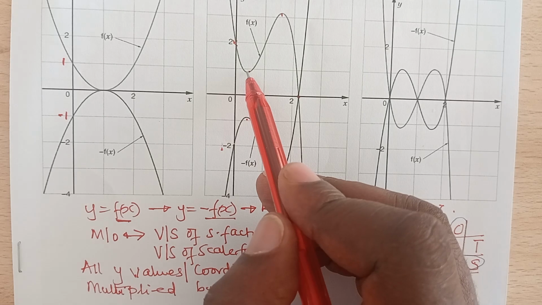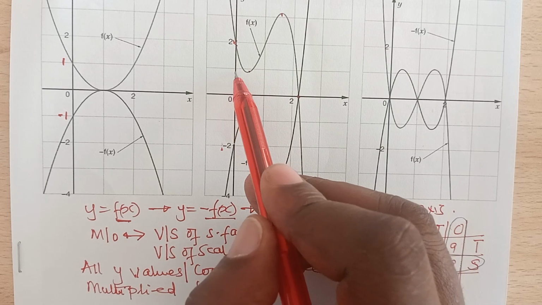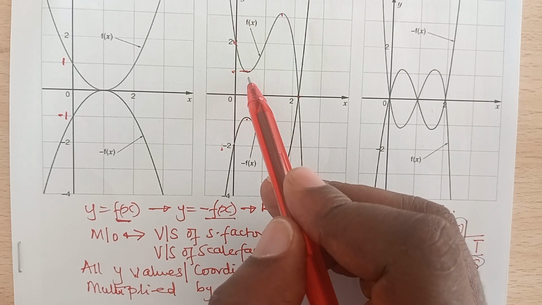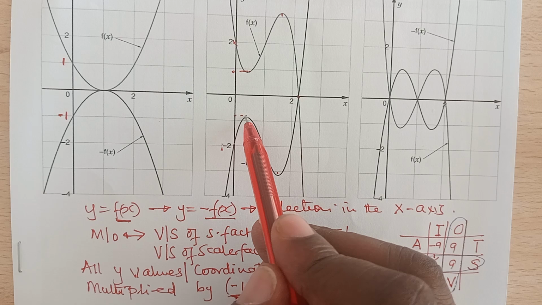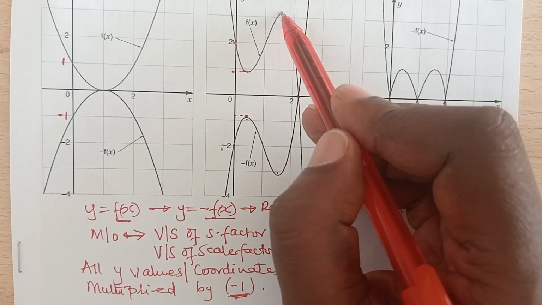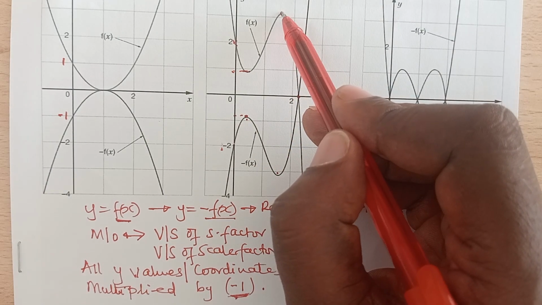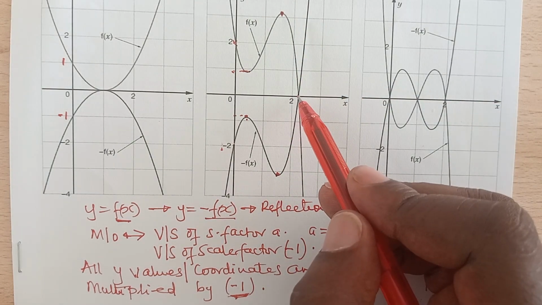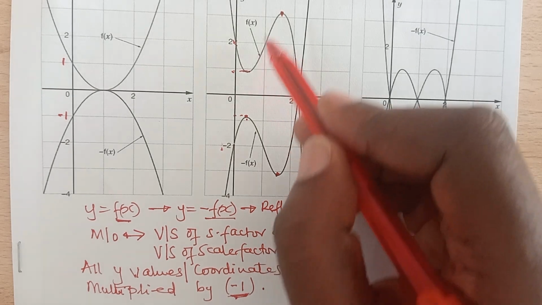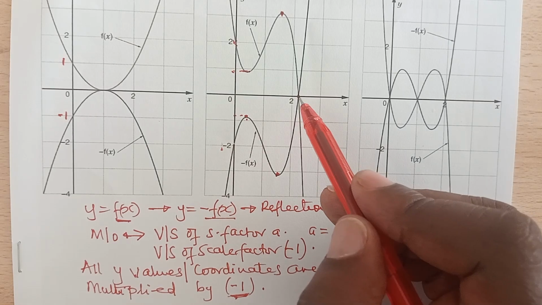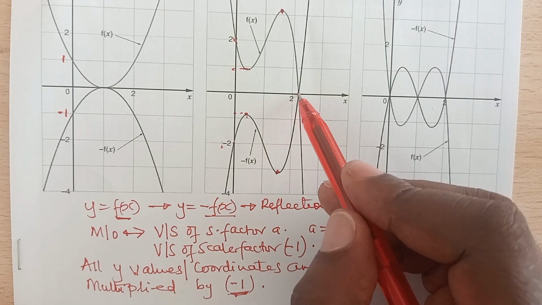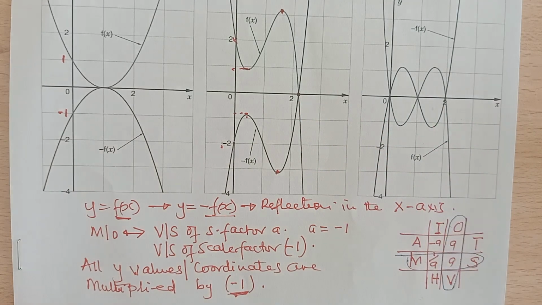We don't know the value of y here, but around 0.8. 0.8 multiplied by -1 becomes -0.8. This could be 3.1. 3.1 times -1 becomes -3.1. And I want us to look at this. Y here was 0, and it is still 0. In the original graph, y was 0. 0 times -1 remained 0, and that is why this point is a reflection of itself.